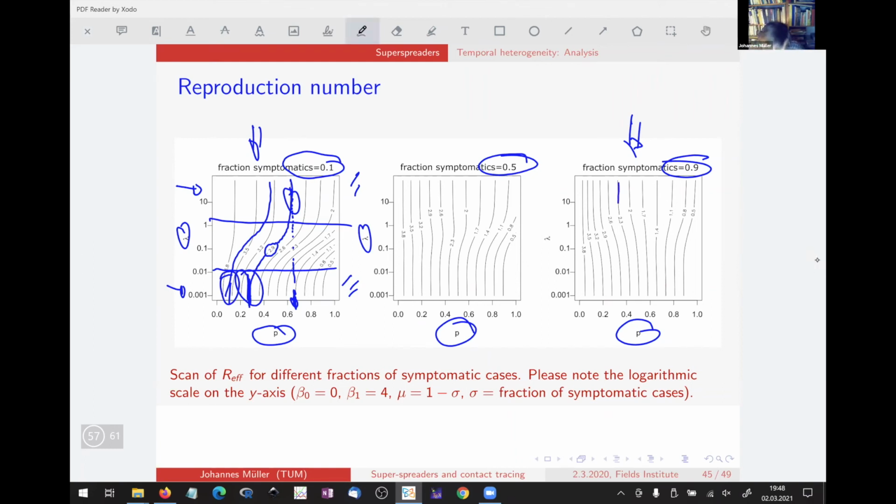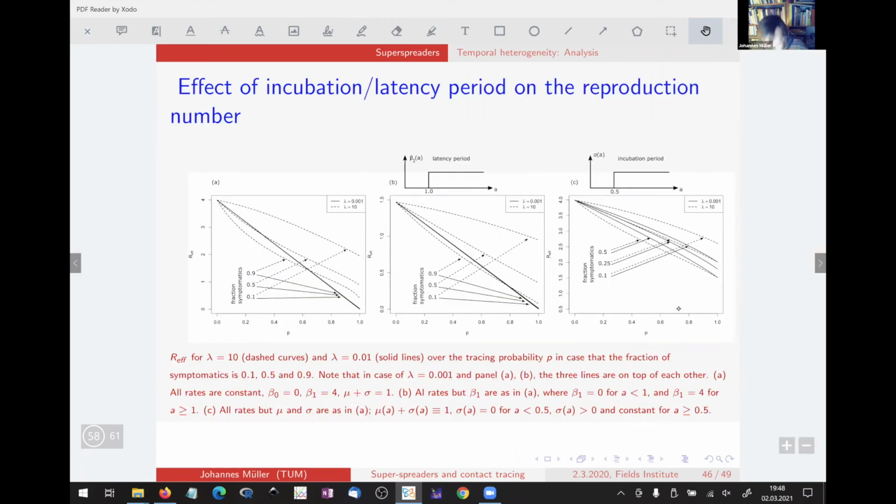But what we see is that there are also curves that bend to the right. So there, contact tracing is less effective with super spreading. So we should investigate that closer. These are these three curves. So basically, we have here two scenarios with and without super spreading. We have a certain fraction of symptomatic index cases.